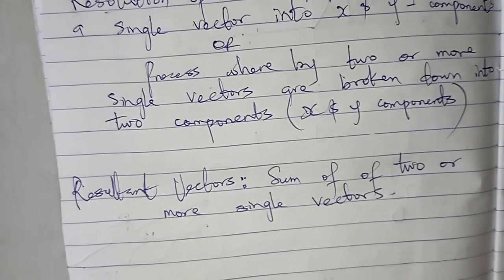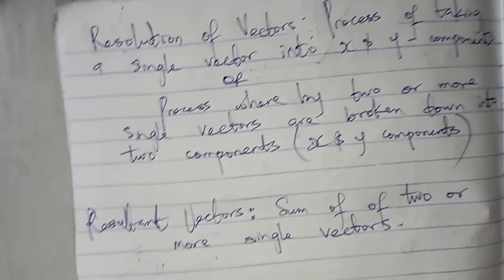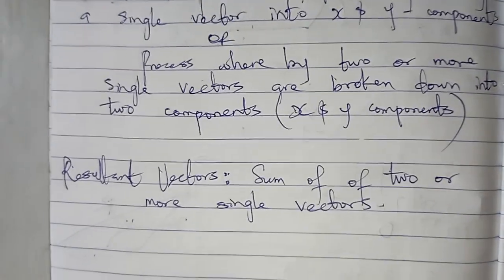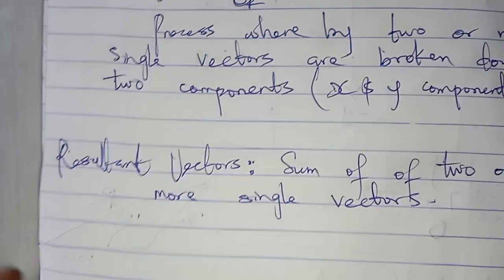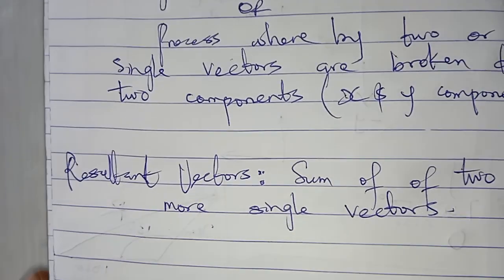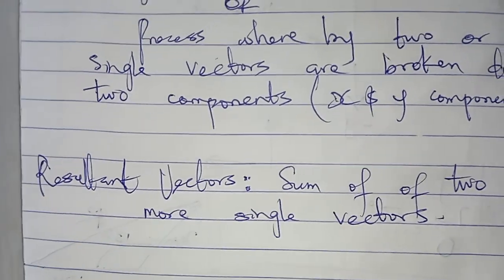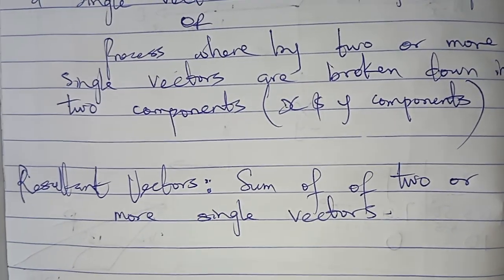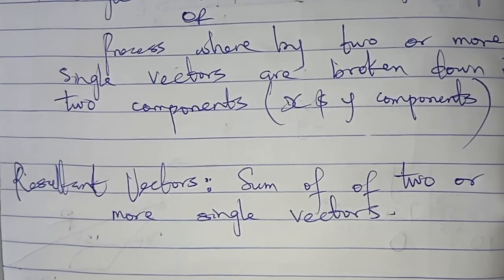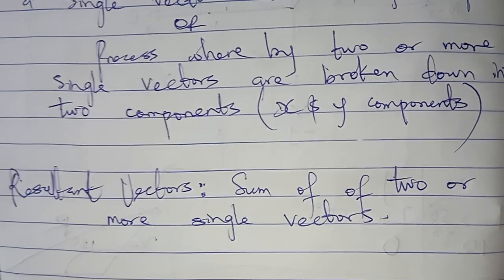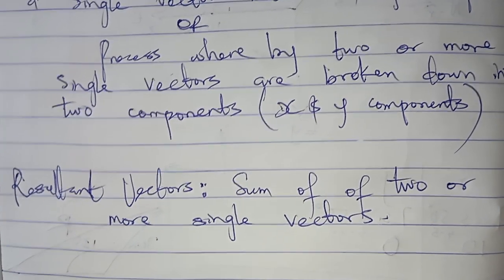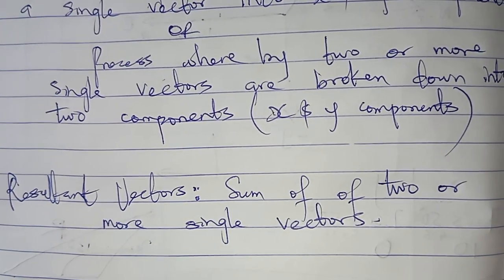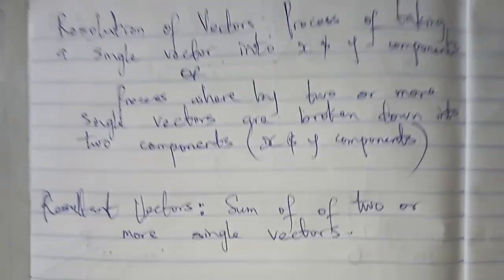A resultant vector is defined as the sum of two or more single vectors. We can even define it as the sum of vectors on the x and y axis. We can also define it as that single vector whose effect is equal to the effect of vectors on the x and y axis. So whichever way you want to take it.